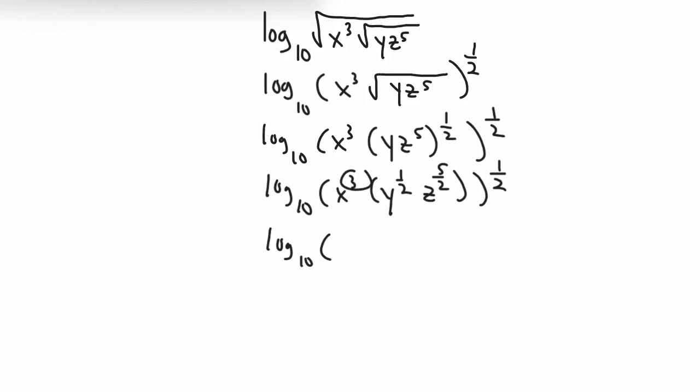So you got 3 times 1/2, it's x to the 3/2. You have 1/2 times 1/2, it's y to the 1/4. And 5/2 times 1/2 is going to be 5/4, so z to the 5/4. So what we have here is the log of a product of three variables.